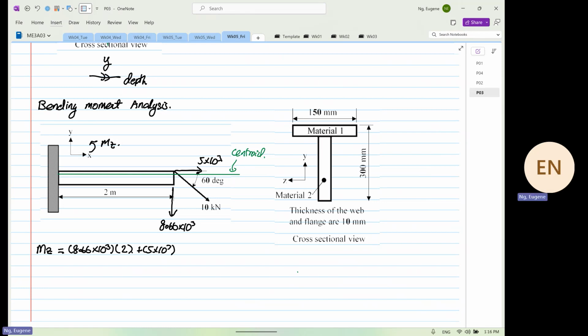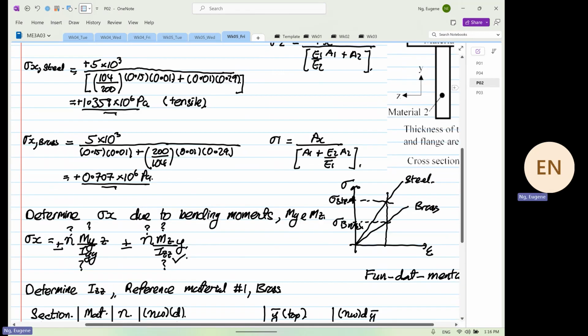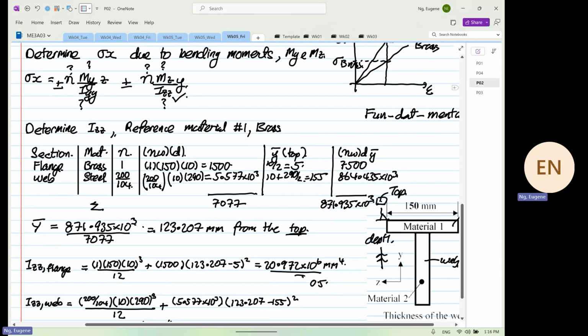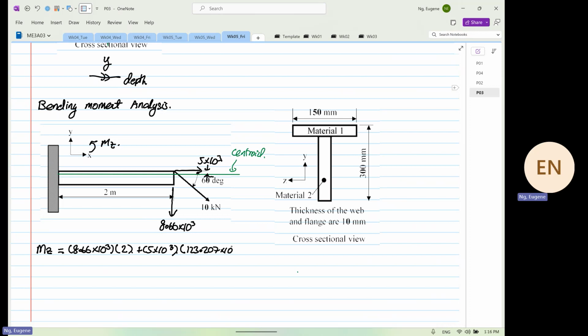And what is the perpendicular distance? No, it's this distance. That distance to the centroid, what do we calculate? We calculate it to be equal to what? 123.207. So 123.207 times 10 to the power minus 3.